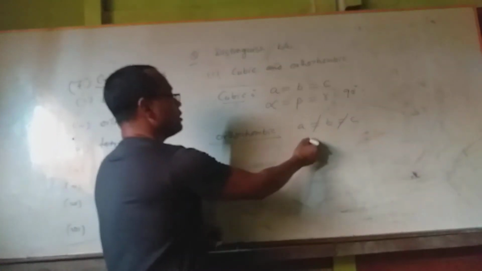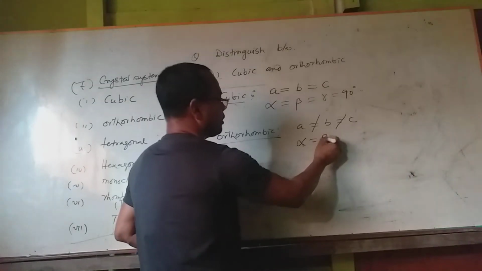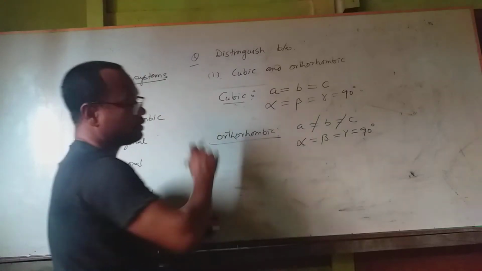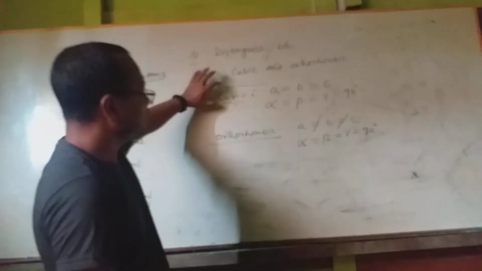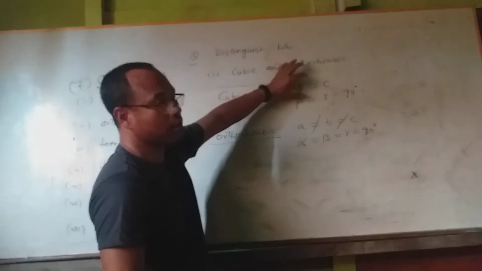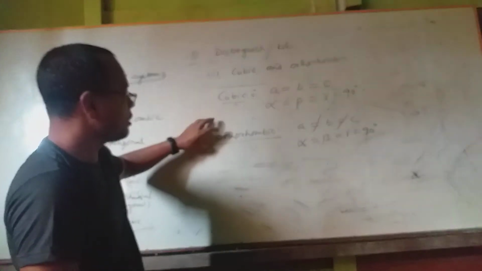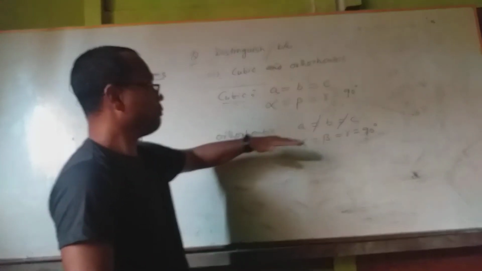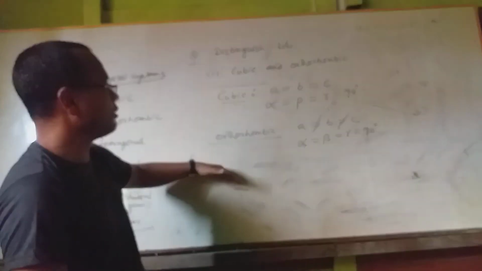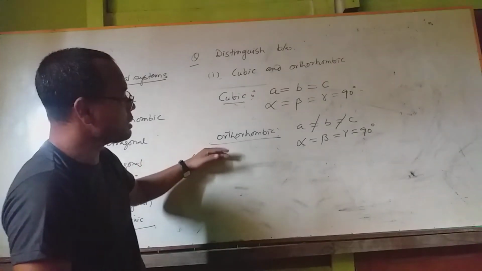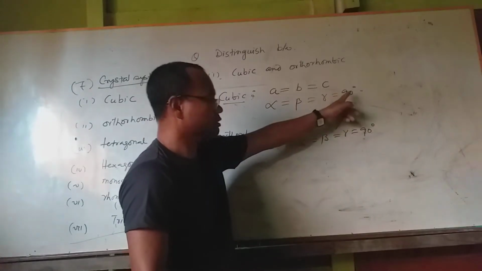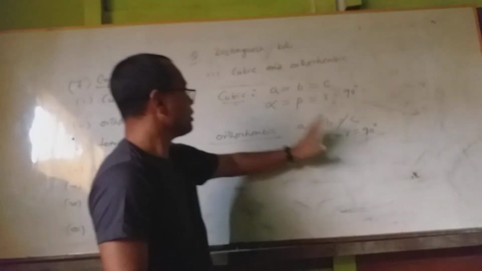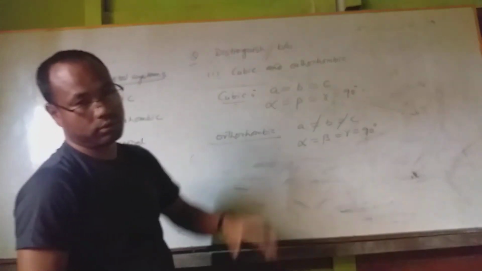That means alpha, beta and gamma are equal to 90 degrees. The only difference is that in the cubic all 3 sides are the same, but in the orthorhombic all 3 sides are different. The similarity is that all 3 angles are 90 degrees in both. This is the difference between the cubic and orthorhombic.